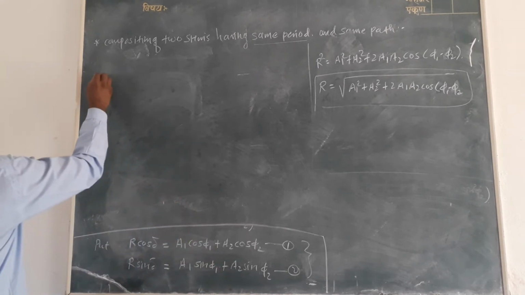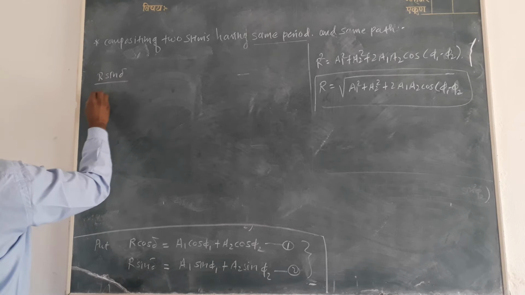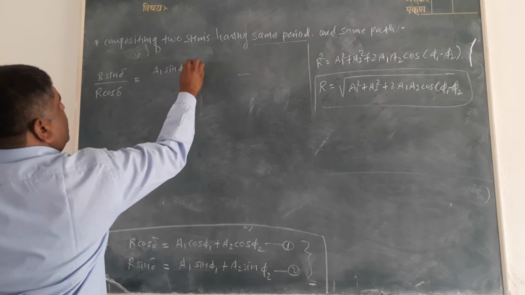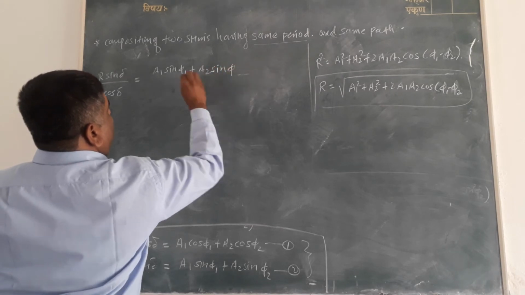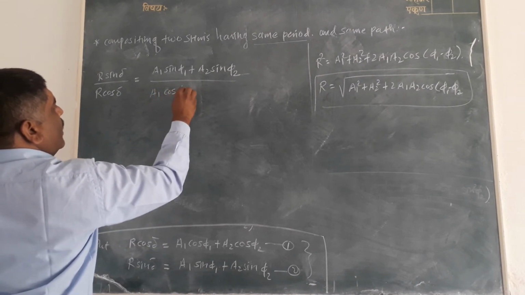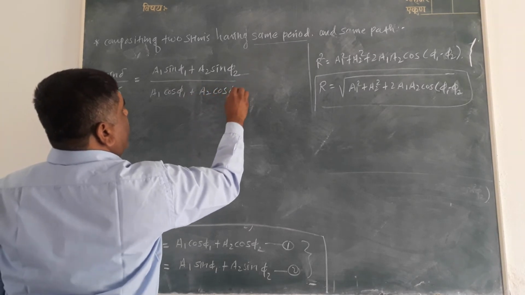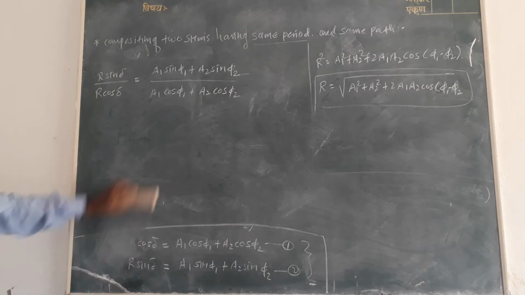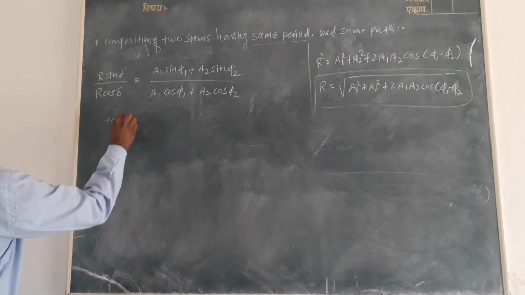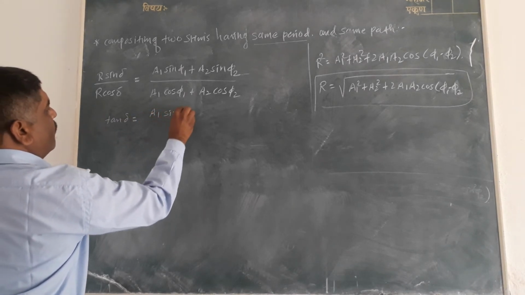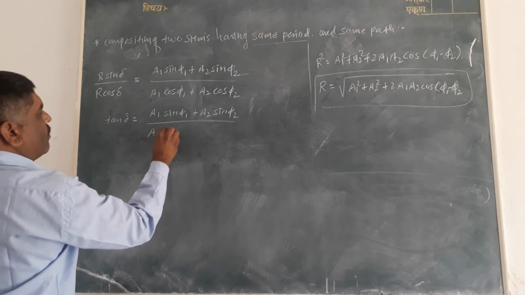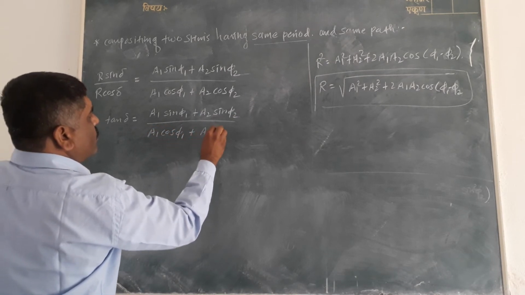From equation 1 and 2 it is written as R sin delta divided by R cos delta, which is equal to A1 sin phi 1 plus A2 sin phi 2 divided by A1 cos phi 1 plus A2 cos phi 2. R cancels, sin upon cos, tan delta is equal to A1 sin phi 1 plus A2 sin phi 2 divided by A1 cos phi 1 plus A2 cos phi 2.